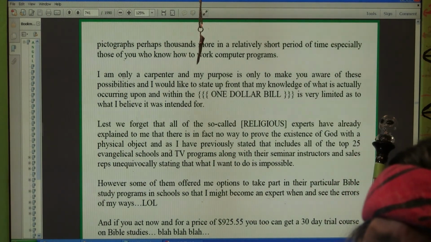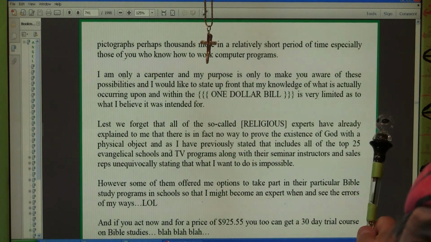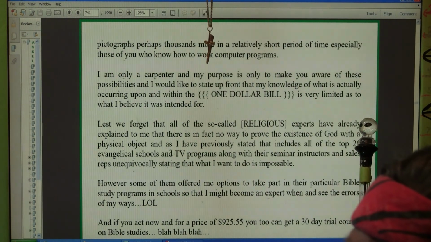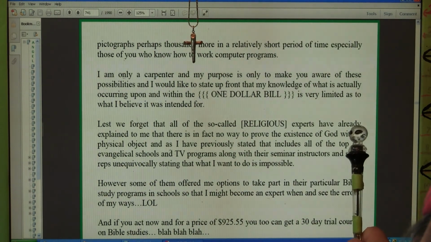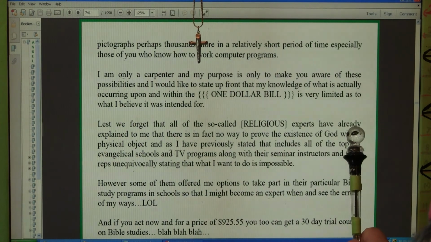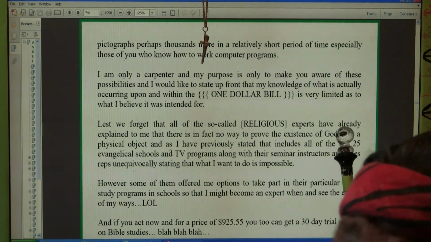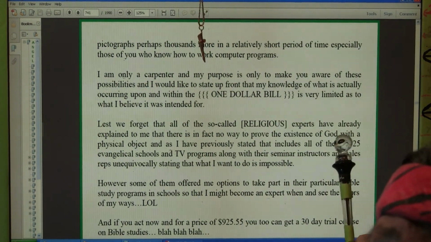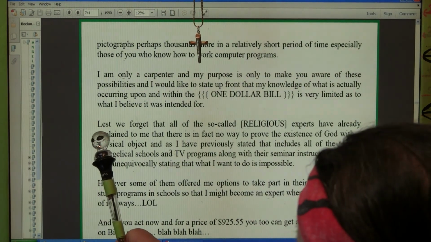I believe the $1 bill has a series of codices and actual pictures or pictographs of things that can be constructed in a three-dimensional construct. However, you need a computer program that I don't have, and I don't even know if it exists. All I know is that I'm correct, that this is far beyond the ability of mortal men.